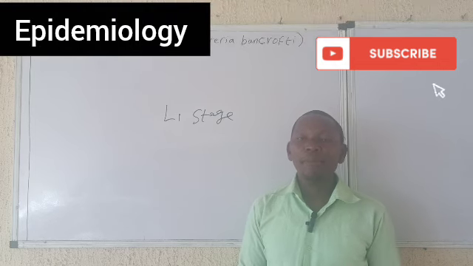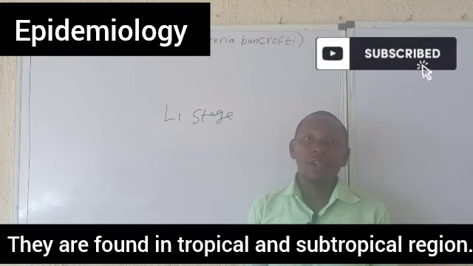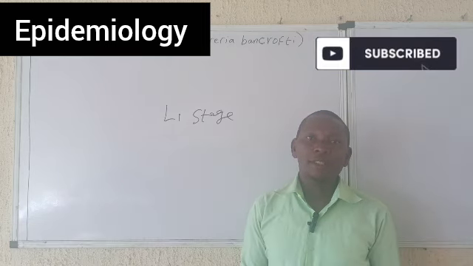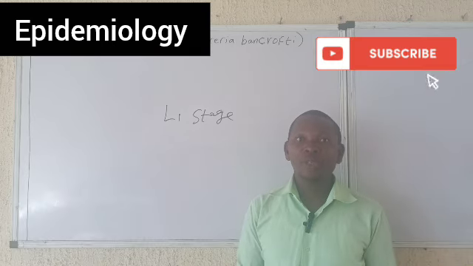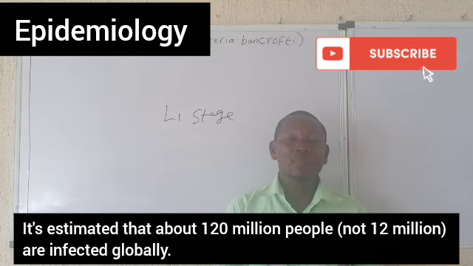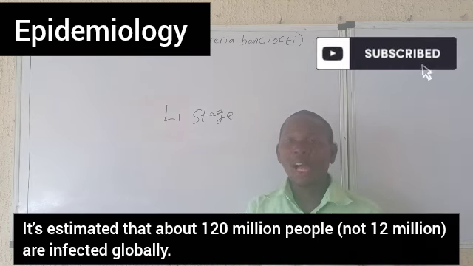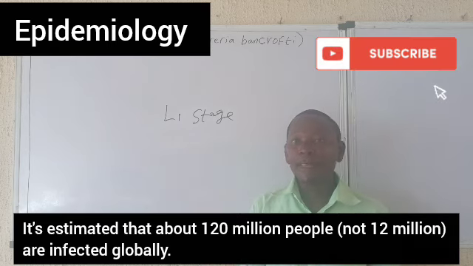Let's talk about the epidemiology. Now, as I mentioned earlier, this organism is usually found in tropical and subtropical regions of the world. All right, in parts of Africa, in parts of Asia, the Pacific Islands, and even the Caribbean. It's estimated globally that about 12 million people are actually infected, and a high number is also at risk of infection with this parasite.